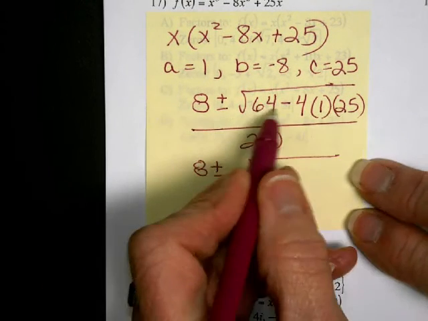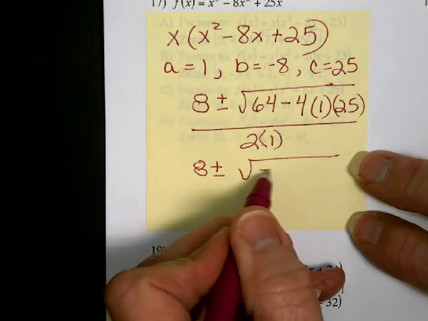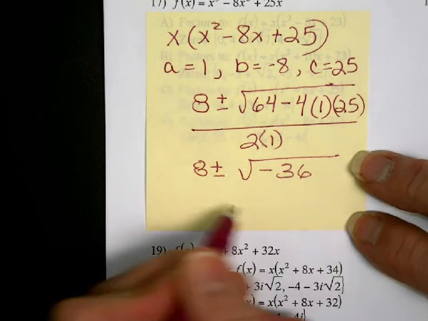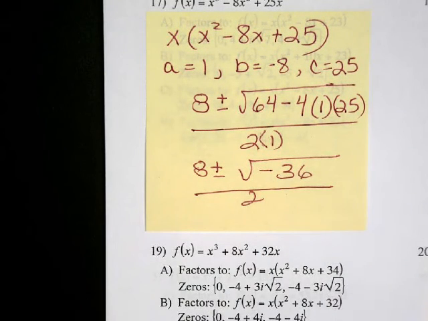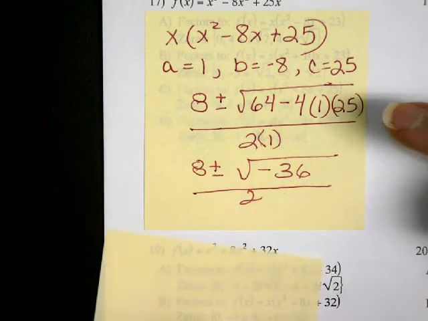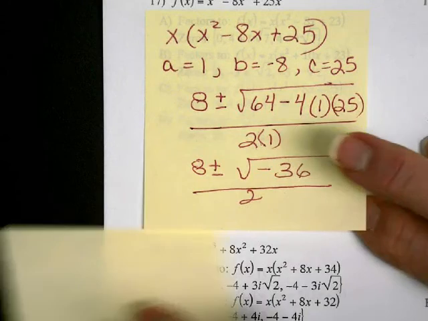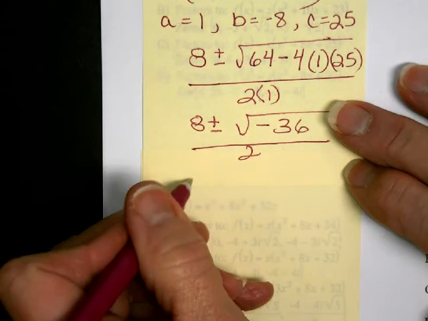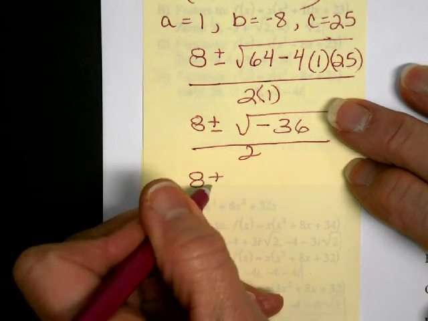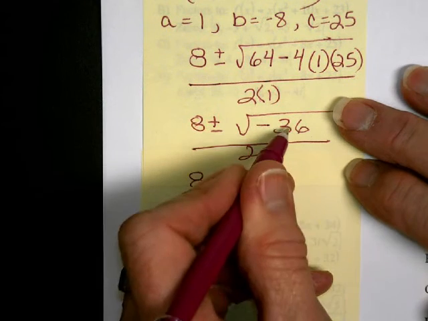Sometimes I write A instead of what it is. So it's 8 plus or minus the square root of 64 minus 100. So it's a negative 36. I smell a complex number here.